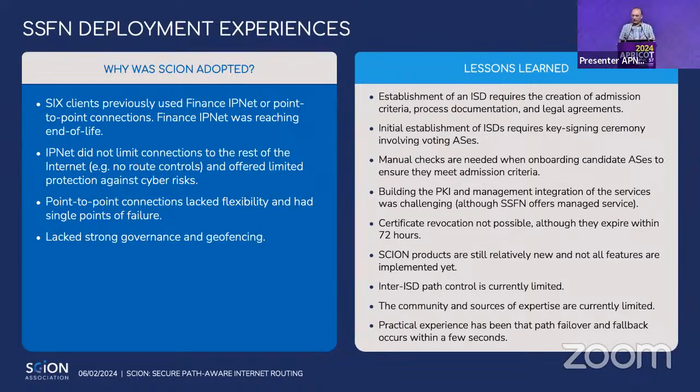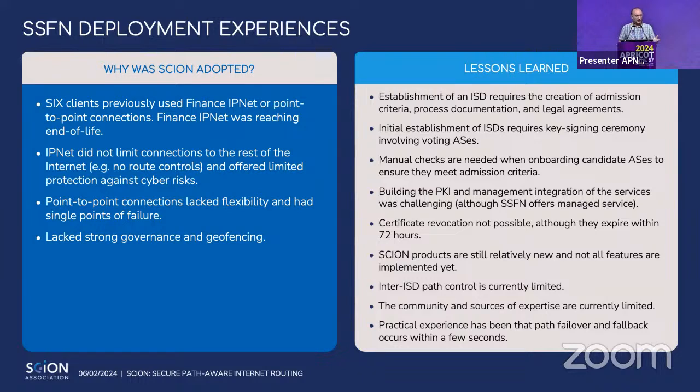But the question is, why was SCION adopted? One reason was that the existing finance IP network was reaching its end of life. But that network didn't limit connections to the rest of the internet.